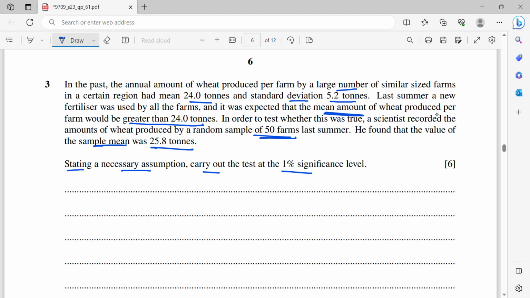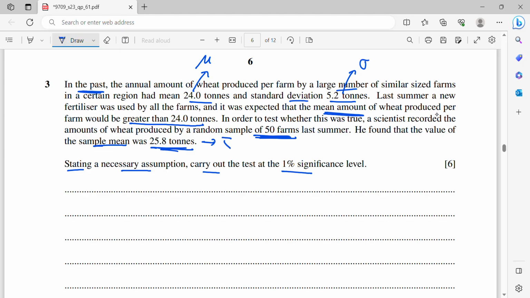Okay, so from here, when you look at this 24.0, this is the value from the past records. That means this is mu. Okay, standard deviation 5.2, this is the sigma. Alright, then now you need to write down the necessary assumption. So after this sentence, you were given the information regarding the sample.